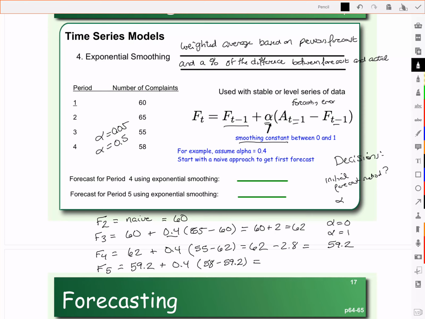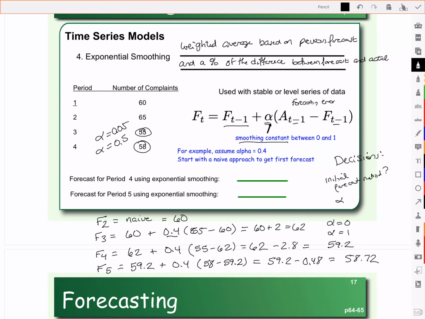Notice again the actual is less than the forecasted, so 58 minus 59.2 is a negative 1.2, and we're going to multiply that times 0.4, so we get 59.2 minus 0.48, which is 58.72.